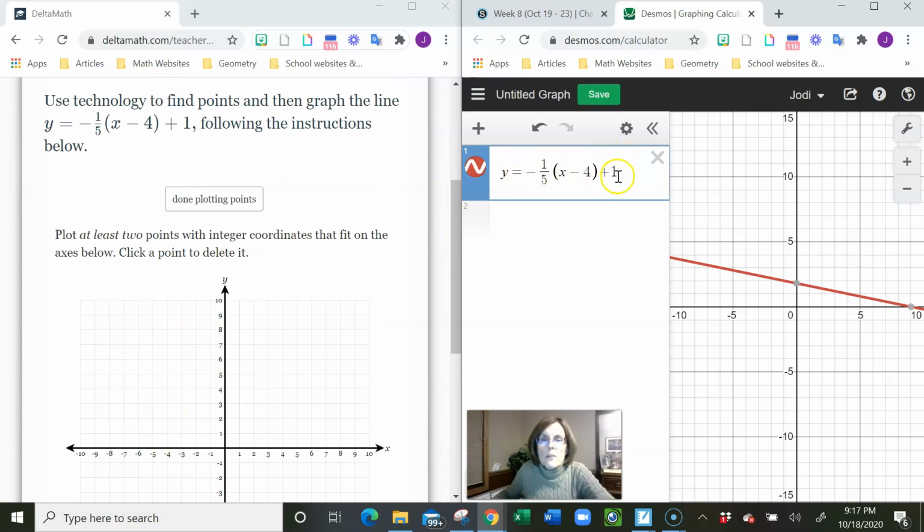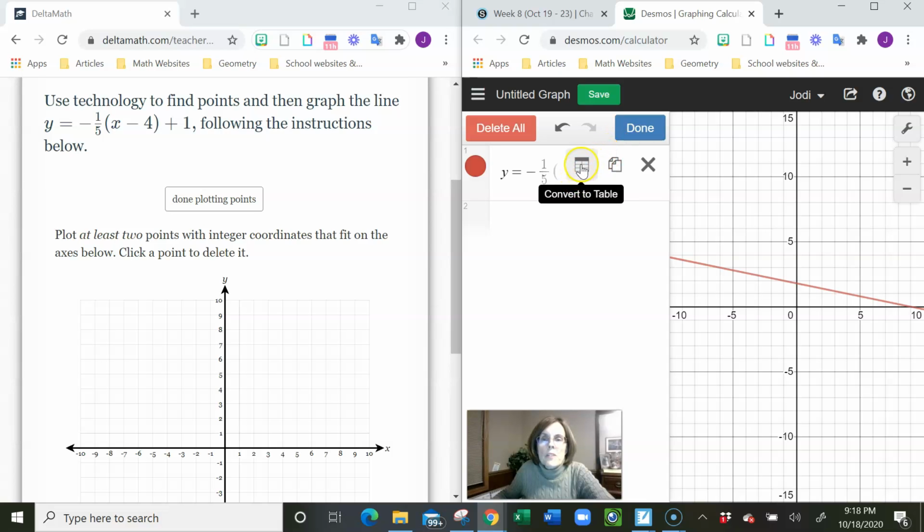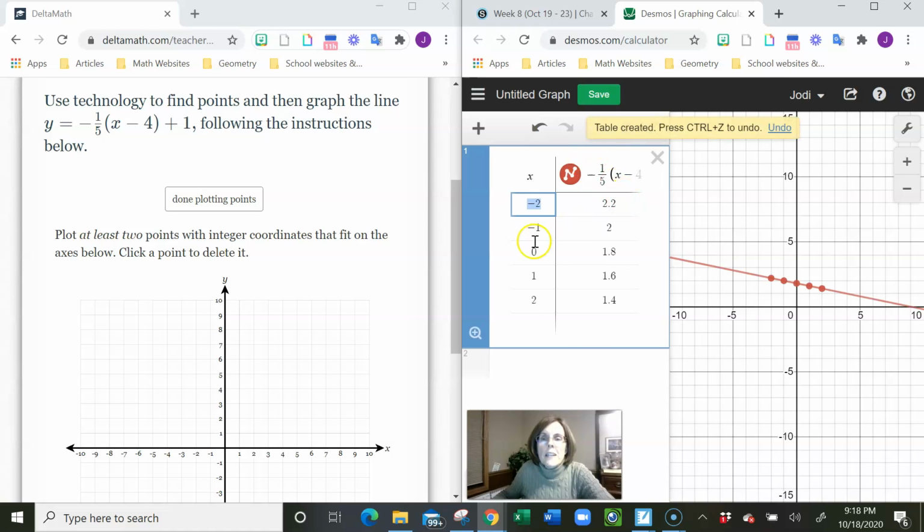So if I type the entire equation in and then go up to this gear, I can change it to a table. So notice if I hover over this, it'll say convert to table. And then it will give me some points. Now, some of these are decimals. So I only want to plot the ones that will look nice.